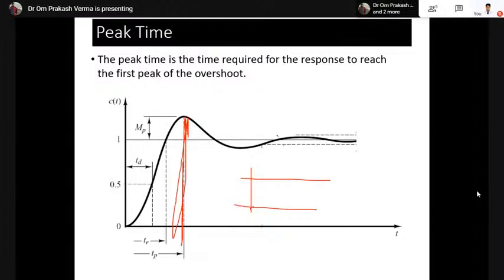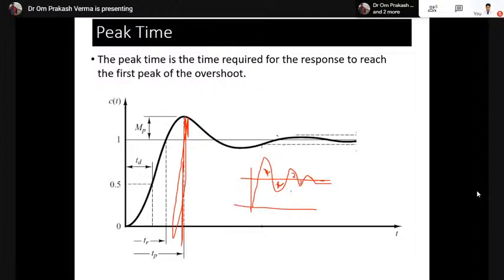What is your opinion for the second overshoot? Is the second overshoot this one? No, it is the first undershoot. Second overshoot is always here and second undershoot is always here.